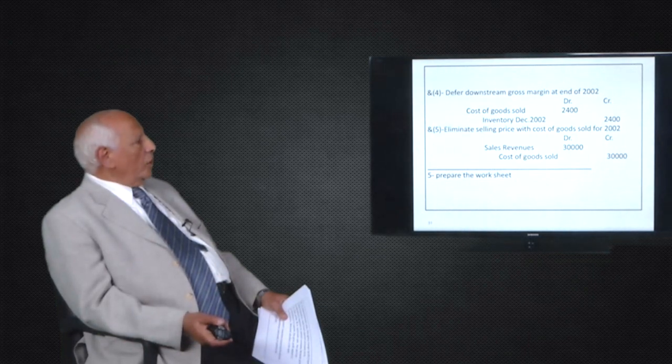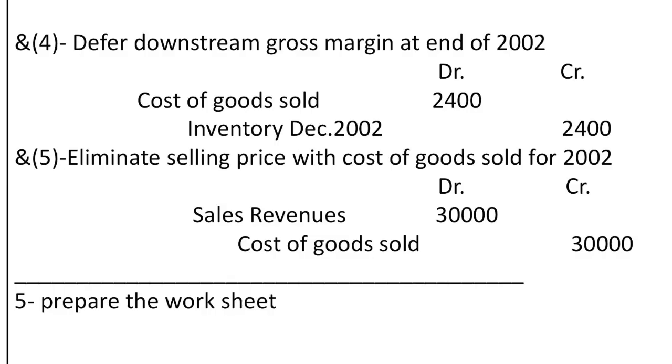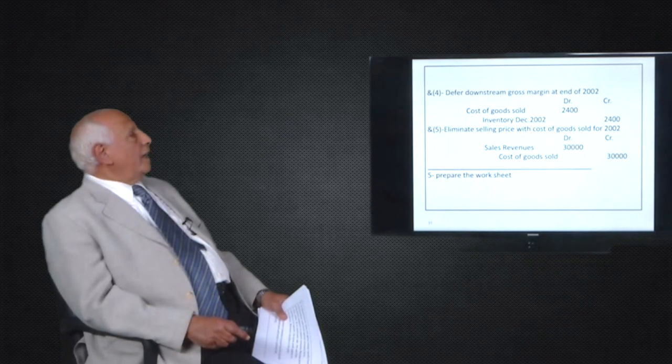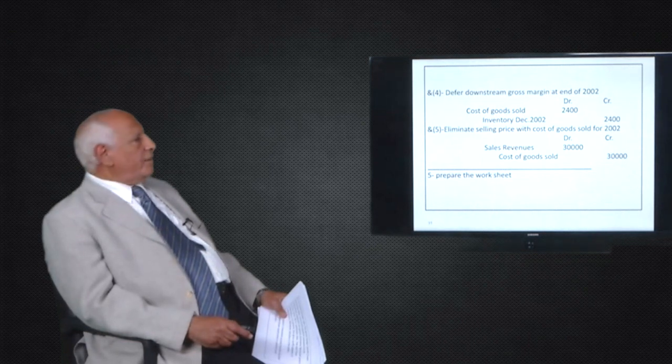Debit cost of goods sold, credit inventory, 2,400, 2,400. The last one, eliminate selling price with cost of goods sold for 2002, sales revenues debit, cost of goods sold credit. That means this one, sales revenues 30,000, cost of goods sold 30,000.